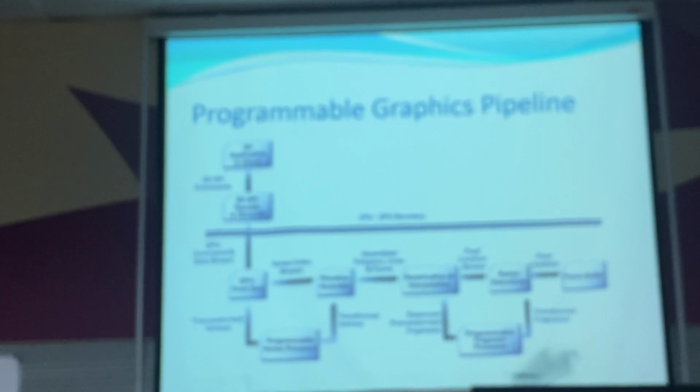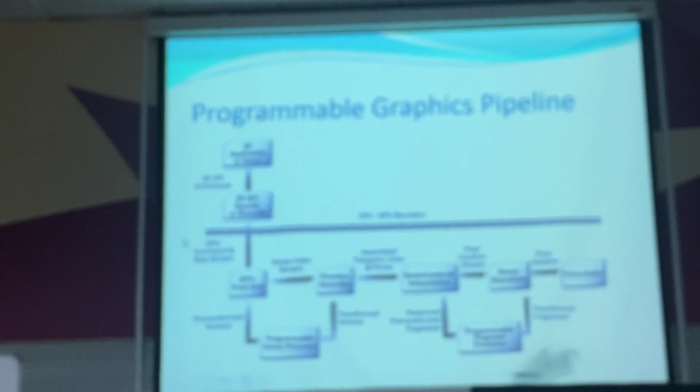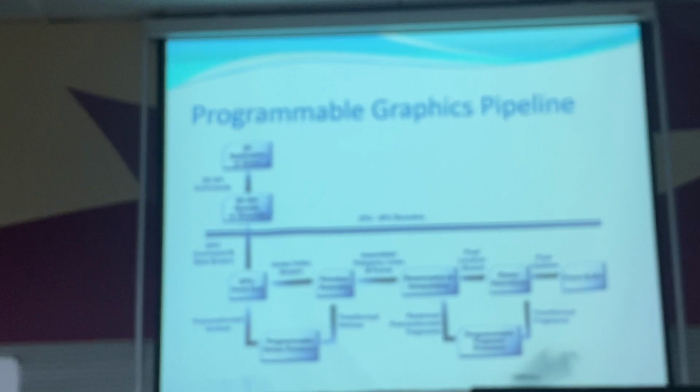This graphic pipeline actually resides in your hardware. This is your application, the program that you write to communicate with your graphic system here, your graphic pipeline here. You're using this API, your OpenGL or DirectX, the graphic library.